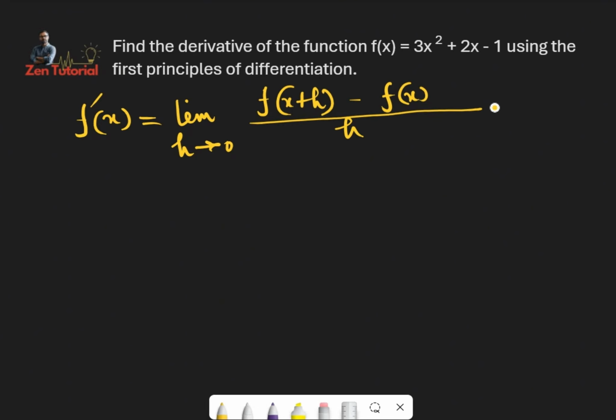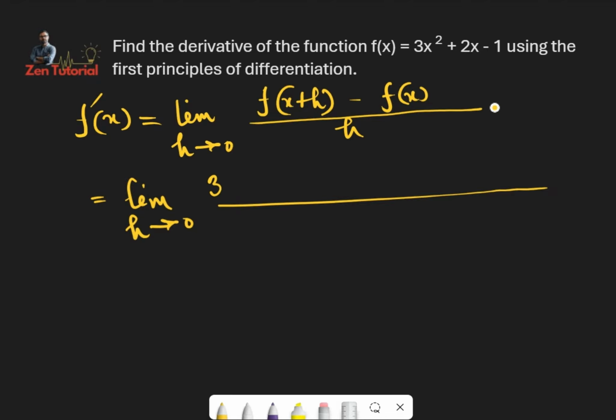Now let's plug in the value of the function. Instead of x, we have to plug in the value of x plus h.